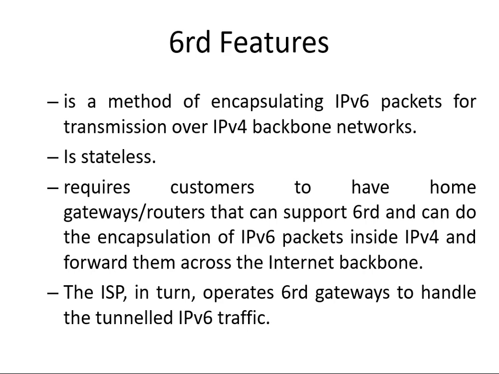The first one is the customer should have the home gateway or router which should support the 6RD feature, and then it should perform the encapsulation of the packets and it can be then forwarded. After that, the ISPs should operate the 6RD gateways to handle the tunneled IPv6 traffic. This is how the tunneling process works in the 6RD tunneling technique.